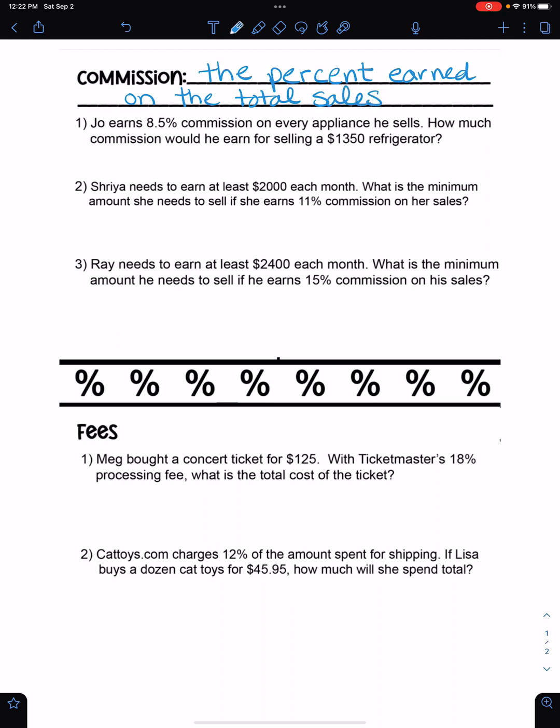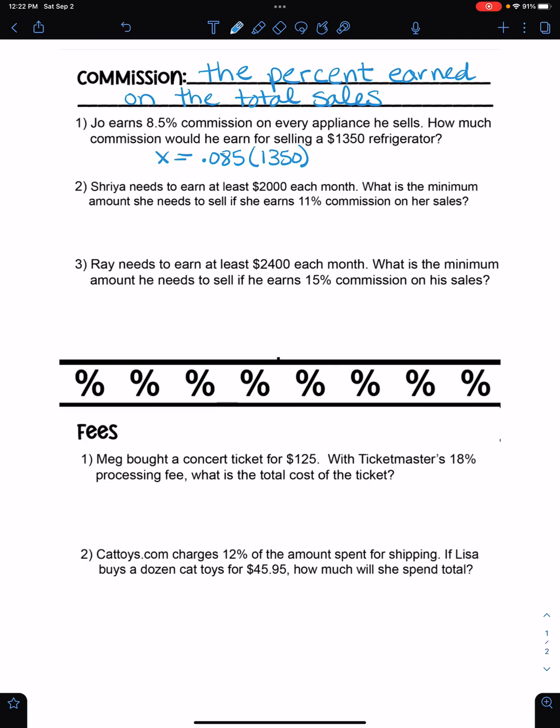All right, let's just dive right in. Number one says Joe earns 8.5% commission on every appliance he sells. How much commission would he earn for selling a $1,350 refrigerator? All we want to know is how much is 8.5% of, which means multiply, 1350, because Joe doesn't keep the $1,350.